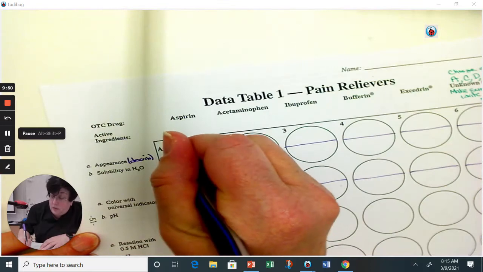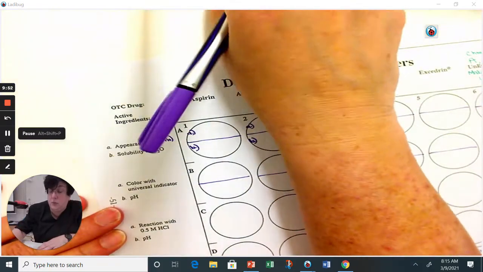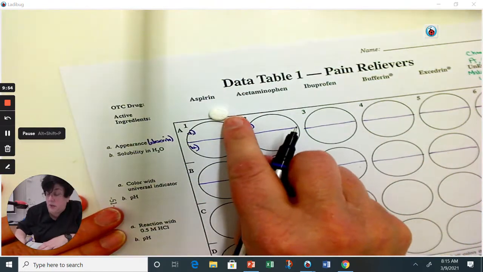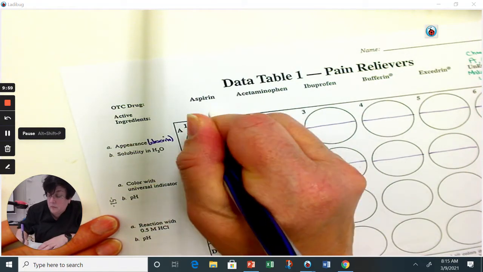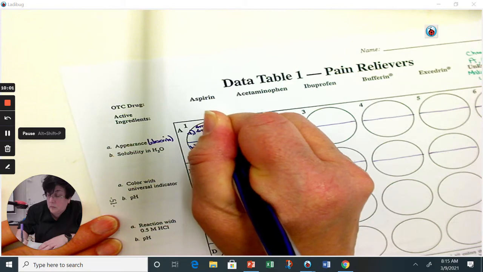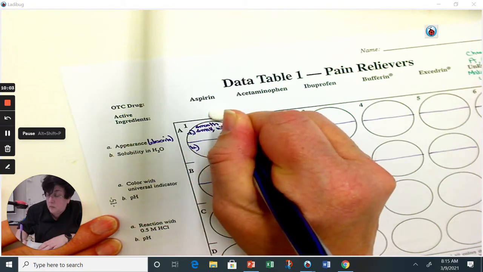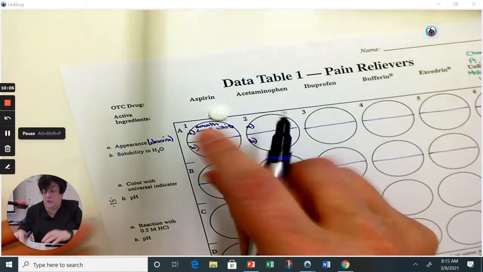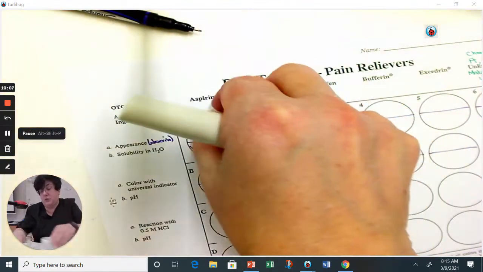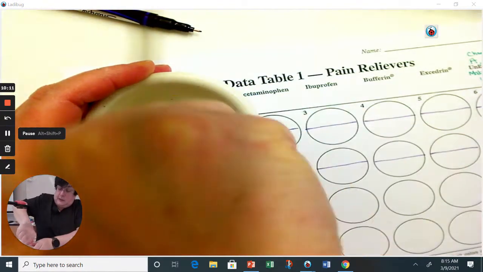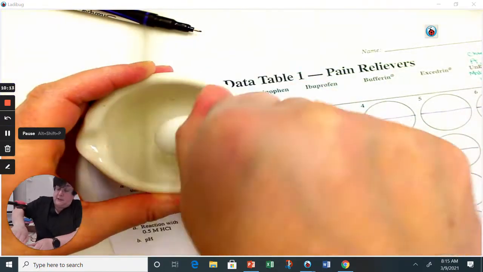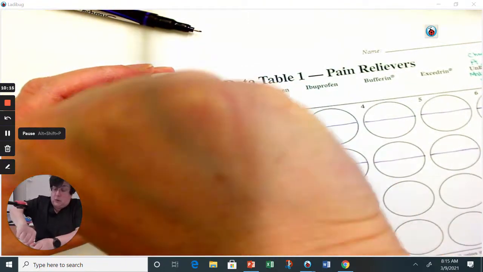So for aspirin, I said it's very smooth, it's small, it's white, it says aspirin on it. Okay, if I crush it, because I have to crush it, I have to tell you how it behaves. It crushes fairly easily, and it makes a white powder.